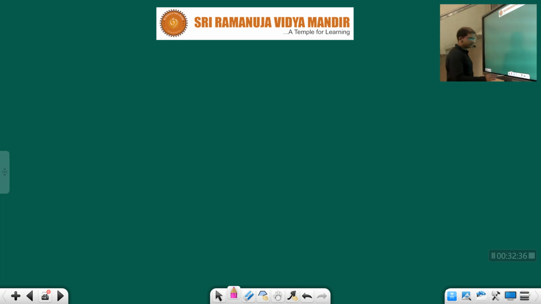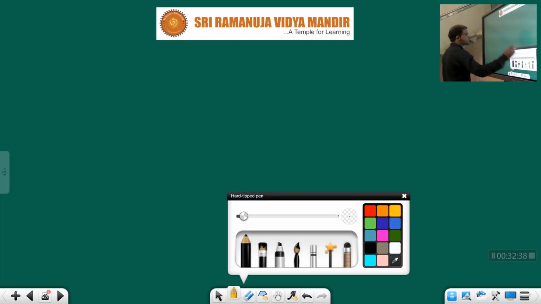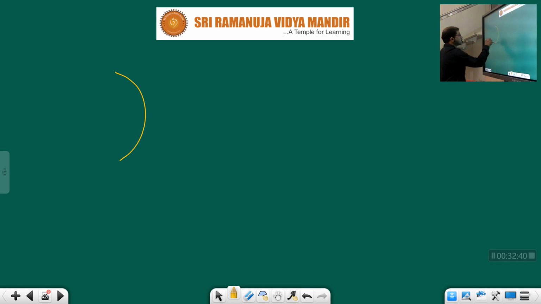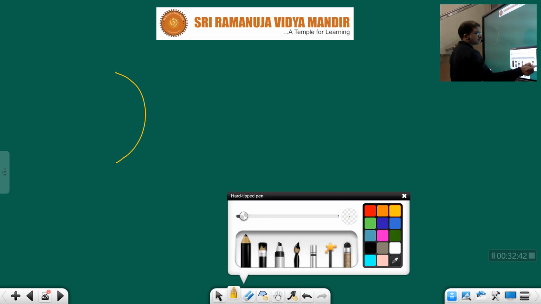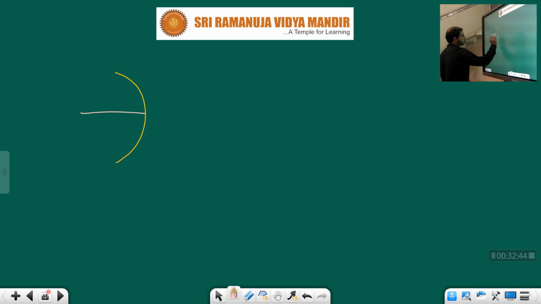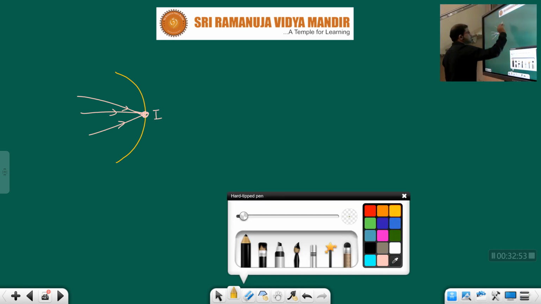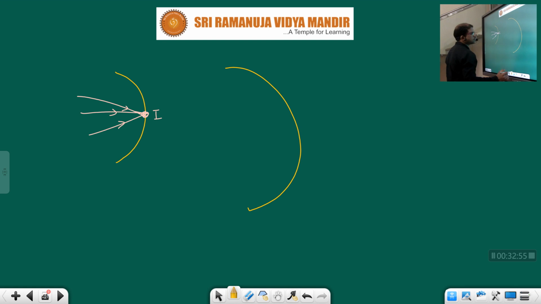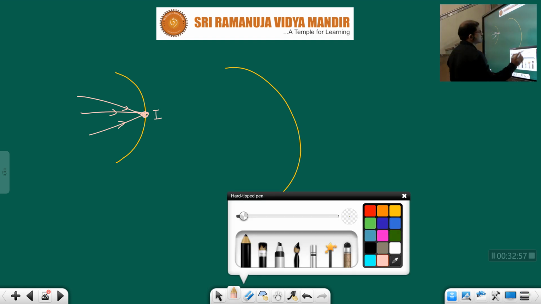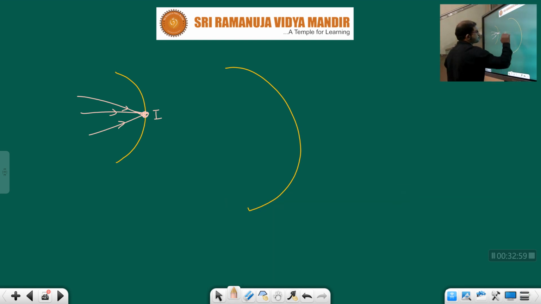I'll explain. See here. Suppose let us consider this one as the retina, back of the eye. The refracted rays should fall exactly at one point, and here the image is formed. Now, a person who is suffering with astigmatism, for them what's going to happen is some light rays will intersect here, some light rays will intersect here.